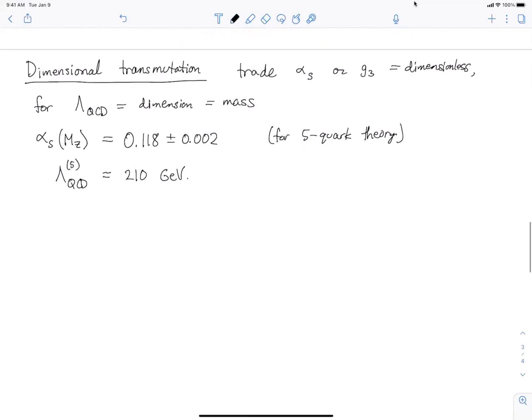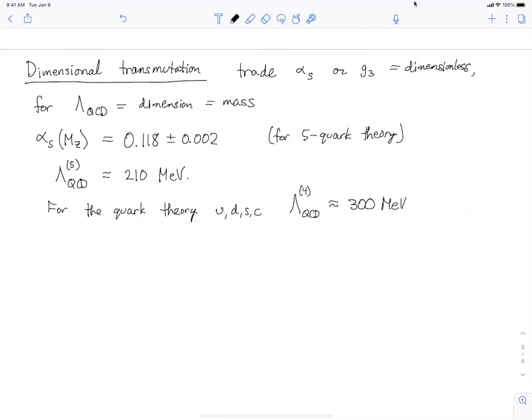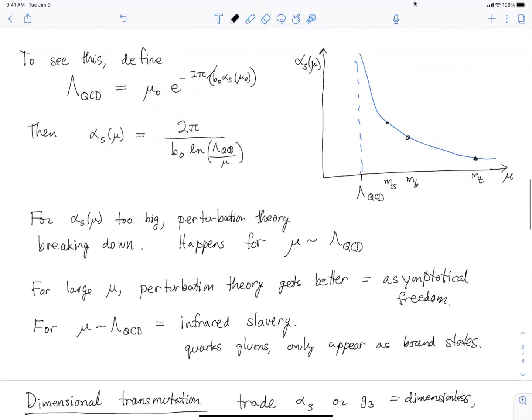But if you do the 4 quark theory, then you have to redo everything. The 4 quark theory is where you don't have bottom, you only have up, down, strange, charm. Then the lambda QCD in the 4 quark theory is quite different. It's about 300 MeV. And I don't know why I wrote GeV here. This is MeV. Okay, so qualitatively, this picture is right, that there's some scale lambda QCD where the coupling blows up.